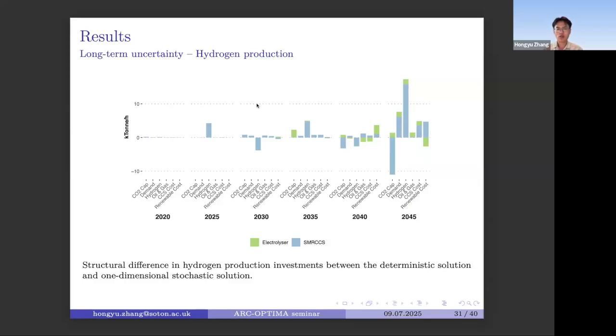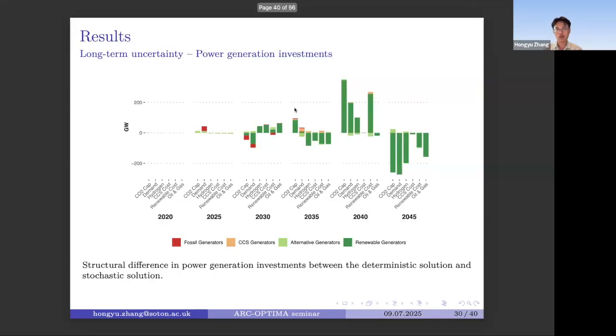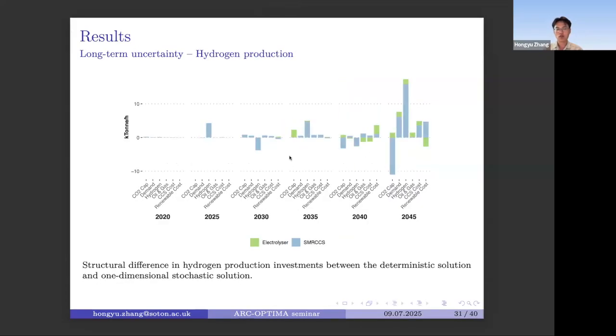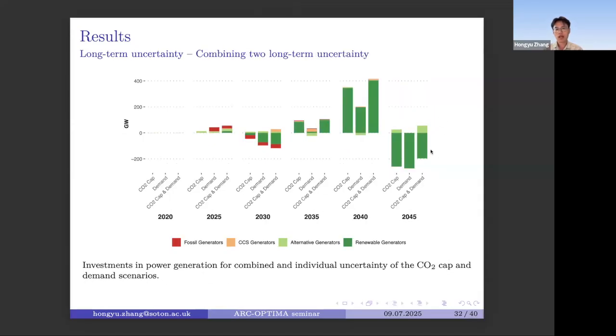So basically what I want to illustrate in these two plots is that when you consider long-term uncertainty, it can affect your investment decisions quite a lot. And here is just another study. We combine two long-term uncertainties and compare with treating them separately.